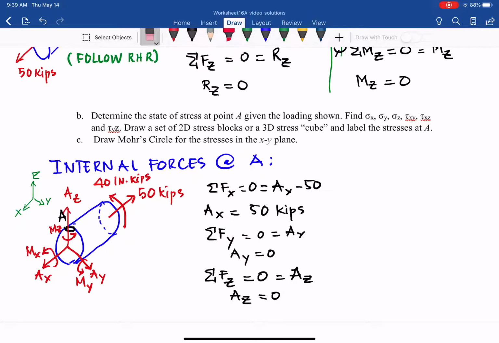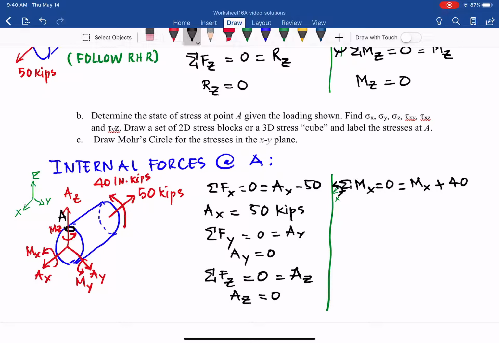And of course, we can apply the moment equation, sum of all the moments about x, assuming right-hand rule positive, equals 0, and as you can see, it will be Mx plus 40.